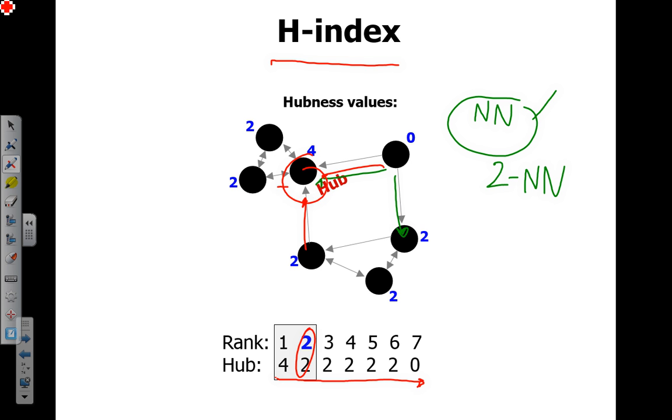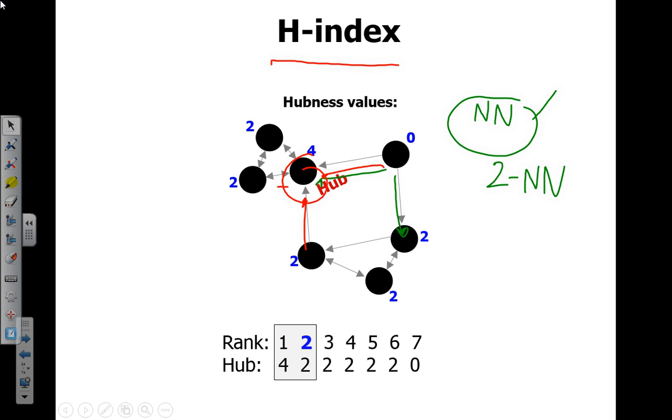So whenever the hubness value becomes smaller than the corresponding rank, then we stop, and this is the kind of borderline. And this is what the H index will tell you. It's kind of not logarithmic, but this kind of order of magnitude decreasing order. So where this border is drawn, the further it's away, the more hubs there are in the data.